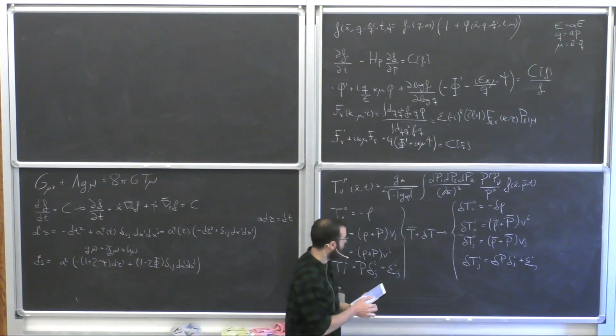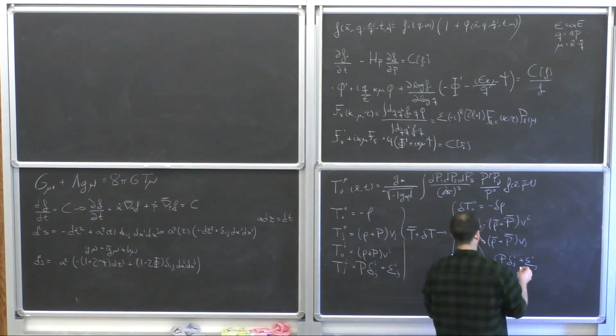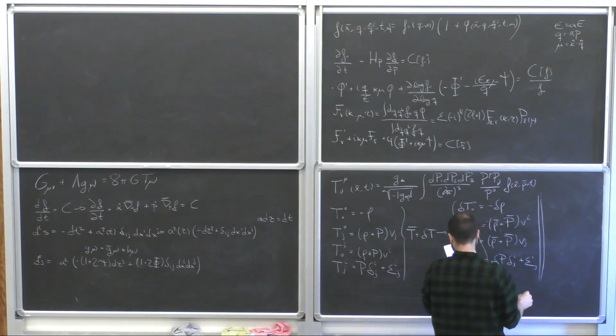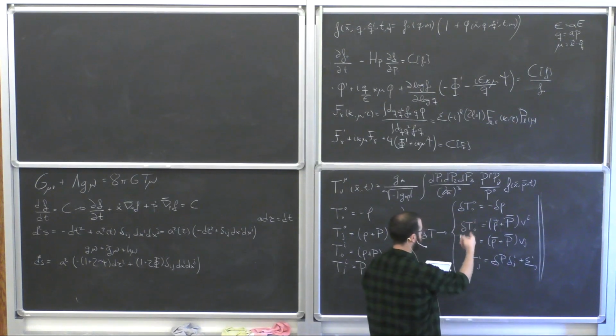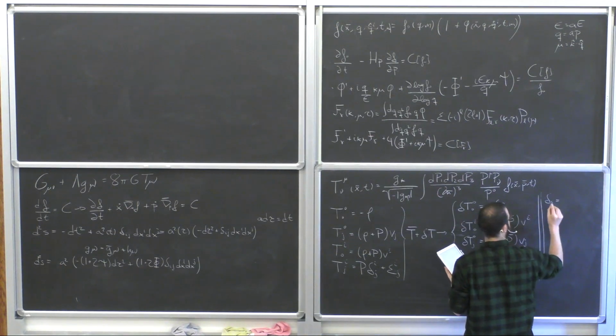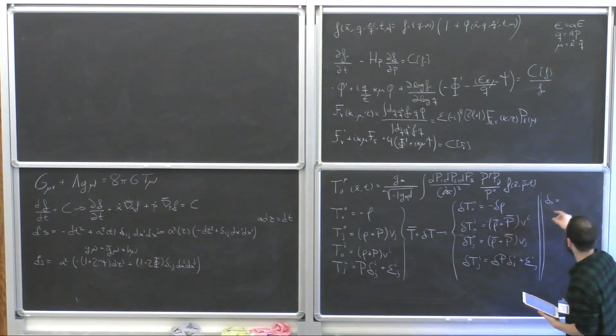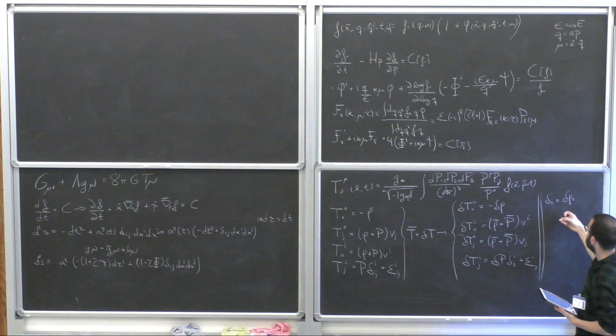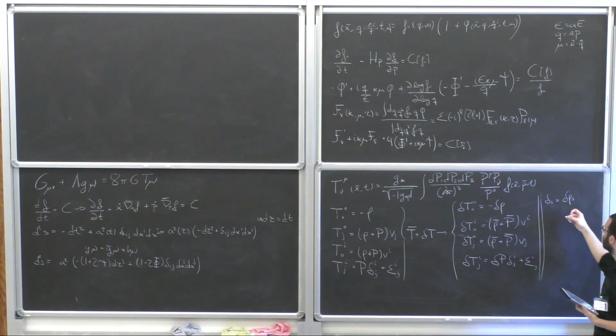I'm going to be using quite a lot of some definitions here that are just rewrites of this. So for each individual species, I'm going to consider that delta S is the perturbation in the energy density for that species over the mean.